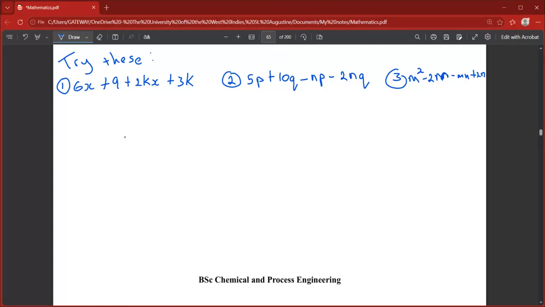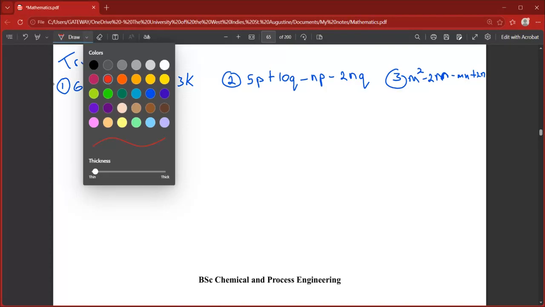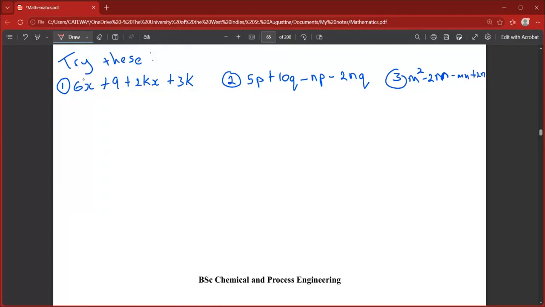So for question 1 here, we have to factorize via grouping again. We look for what is common between 6x and 9, and then between 2kx and 3k. Between 6x and 9, you're going to take out 3, the highest common factor. Open your bracket: 6x divided by 3 is 2x, and 9 divided by 3 is just 3.